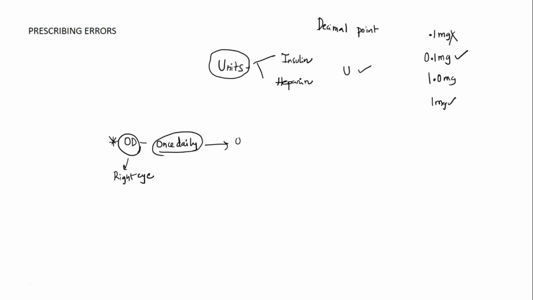Actually, for once daily we use QD, but the problem with QD is you also have QID, that is four times daily, and you also have QOD. What is QOD? It means every other day, or every alternate day, or every second day. So that's the reason to avoid QD. Many of us, even I, didn't know; nobody taught me that OD means right eye.